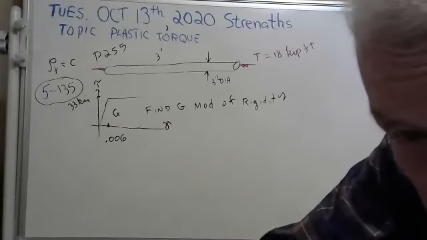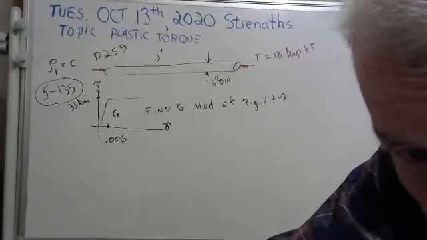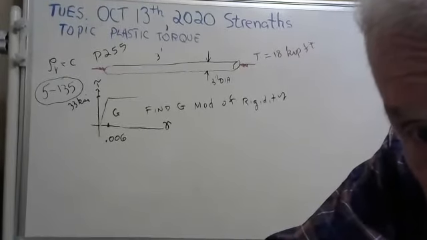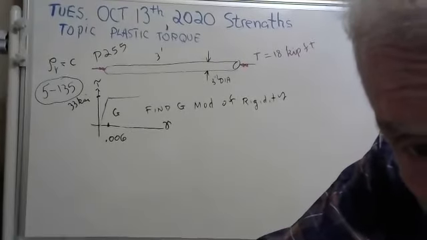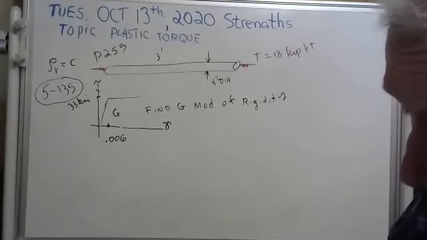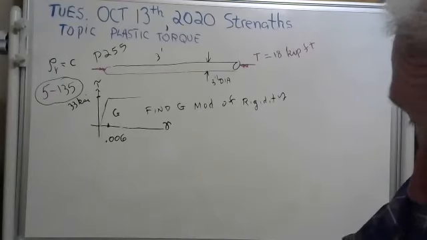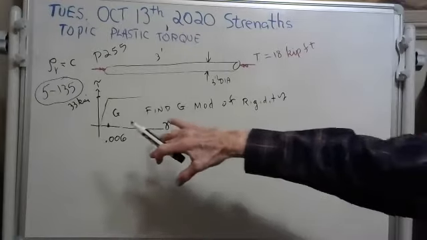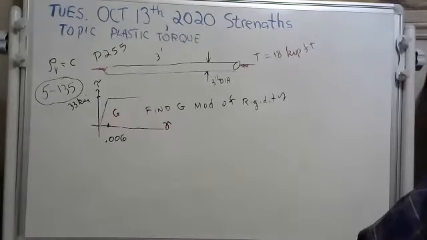And I'm going to pick on one of my wonderful students here. Let's see. Ben Seaman. Ben Seaman. Unmute and say hello, please. Good morning. Good morning. Hey, Ben, have you found a slope of that elastic region yet?